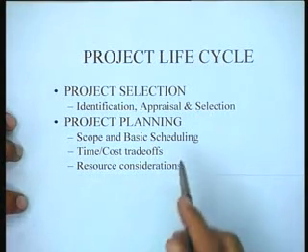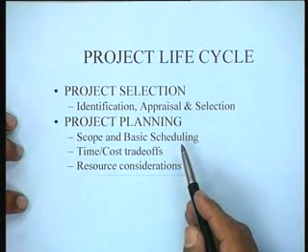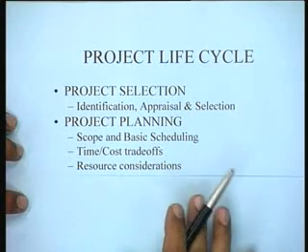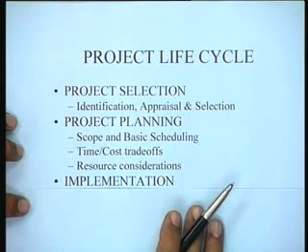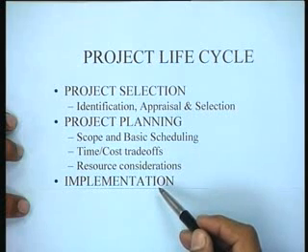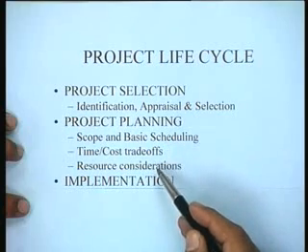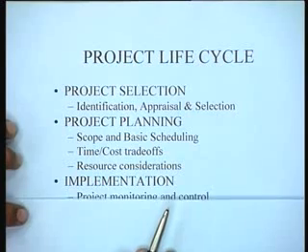Now, after you have developed the project network, developed the project schedule, and taken care of the resource problem and the crashing aspects in a project, you come to a stage where you have to implement the project. And implementation is basically of the plan that was arrived at in the second phase of the project life cycle.